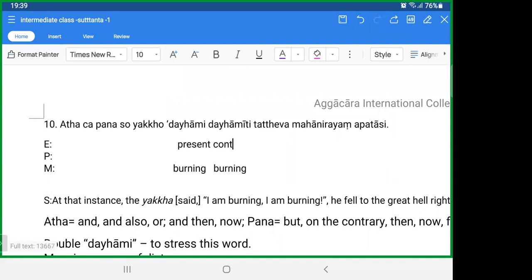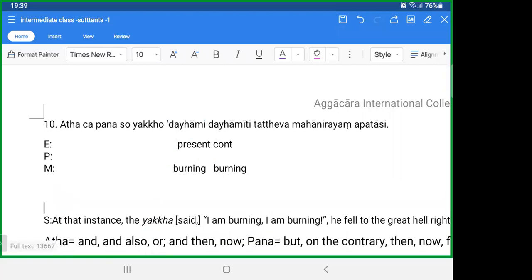Okay. So just now you say the formation is? How do we get this one? D-A-Y. Wait. The root word is, I think, what's the root here?